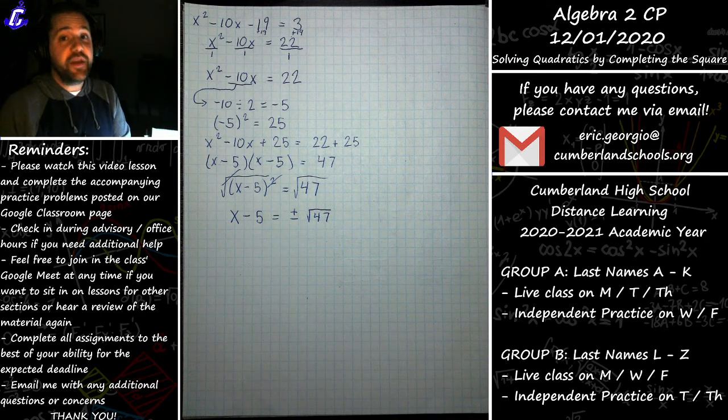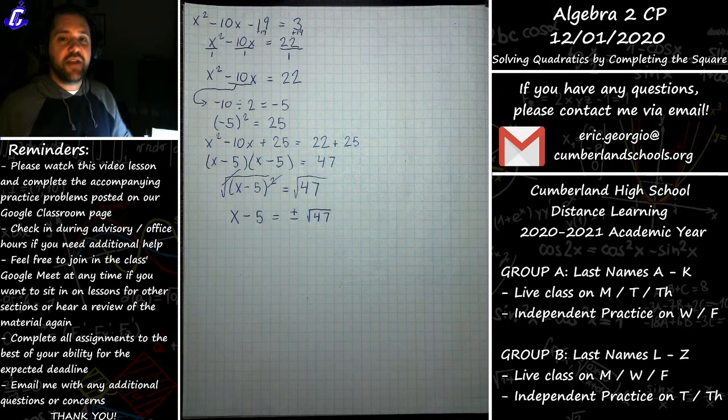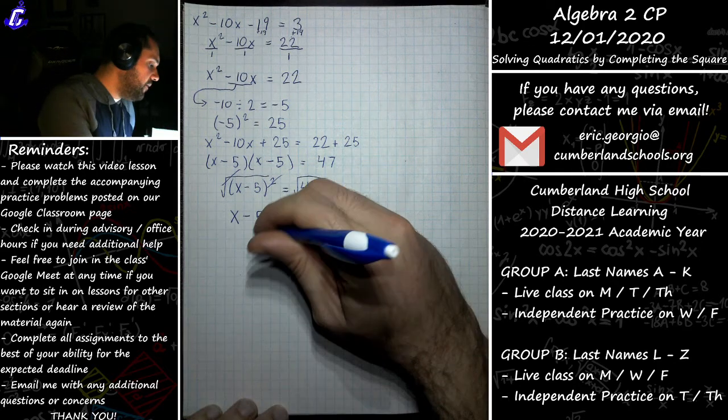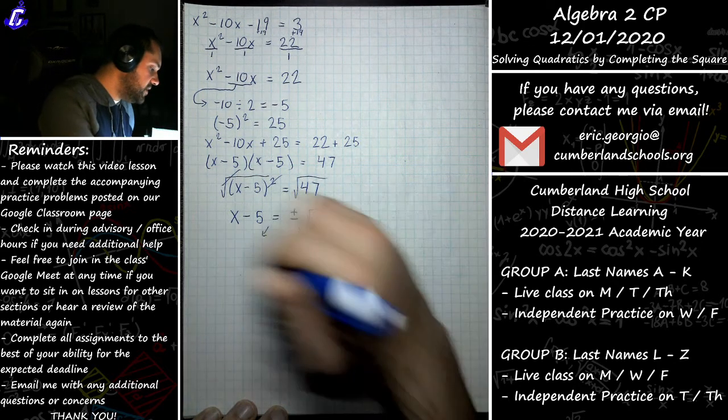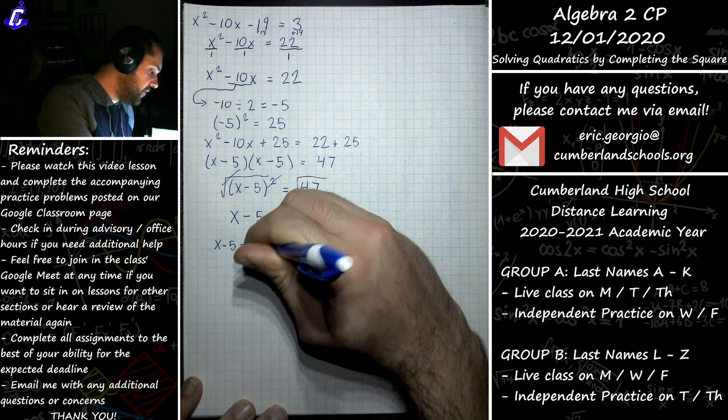Now, if it could be simplified, which will be the case in a future problem that we do today, then you certainly would break it down just like we did in the first quarter. 47 can't, though. 47 is a prime number, so it cannot be simplified. It doesn't have a perfect square factor, so we just leave it alone. And at this point, we can split into our two solutions to say, well, when is x minus 5 equal to positive the square root of 47?